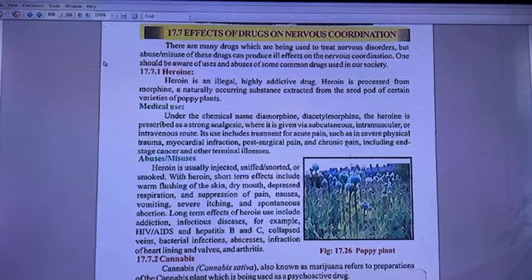One should be aware of uses and abuses of some common drugs used in our society.